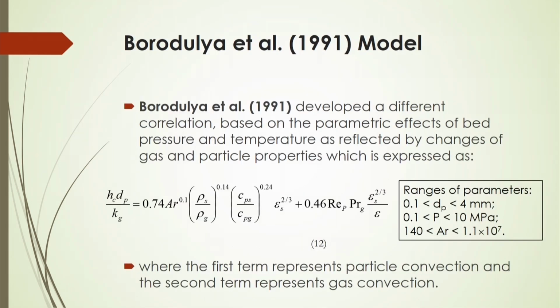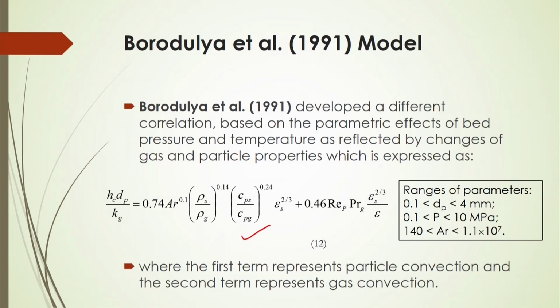Whereas Borodulia et al. 1991 developed different correlations based on the parametric effect of bed pressure and temperature, which is reflected by changes of gas and particle properties, expressed here. What is very important is that they have considered the temperature and pressure, which may affect the physical properties of the particles and gas, and based on this they developed another empirical correlation, represented by equation 12.